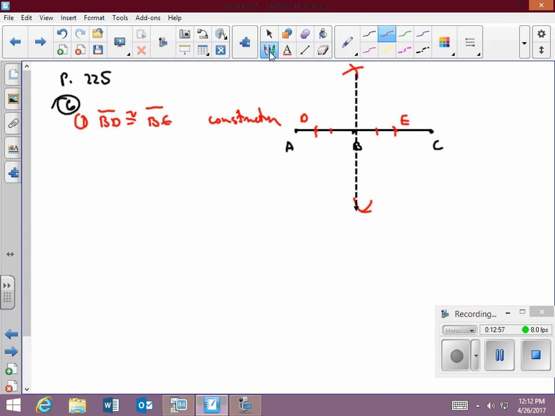Then F, G, the perpendicular bisector of BD, BE, DE, and this would be construction 6.